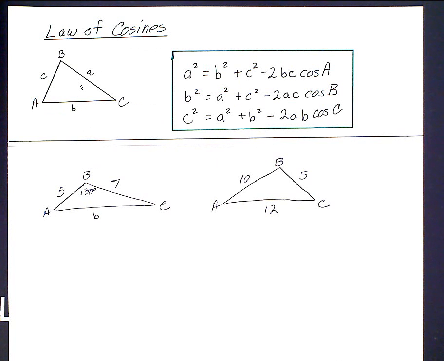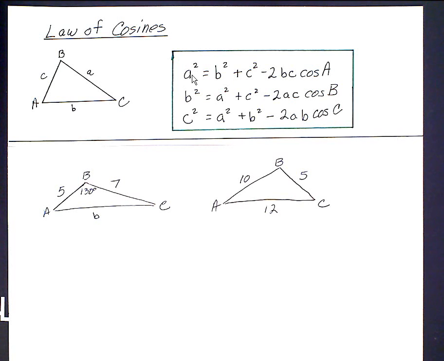So if I'm trying to find side A or angle A, side A squared is going to equal, listen up guys, the other two sides squared, so B squared plus C squared, minus 2 times the two sides that form that angle, BC, times the cosine of angle A, which is across from side A. You'll notice these two always correspond.